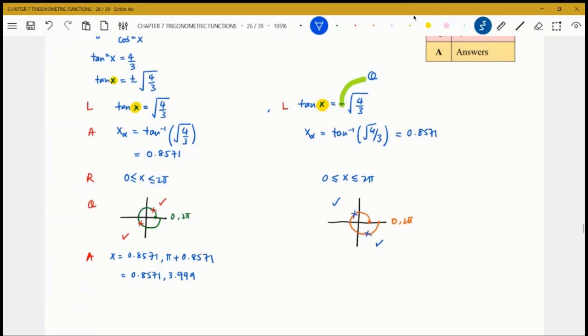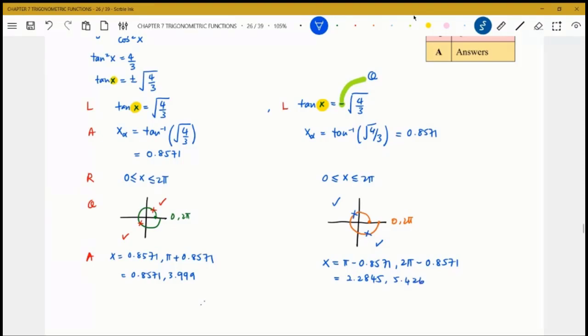Okay, so answer kita adalah x equal to pi minus 0.8571 and then 2 pi minus 0.8571. Okay, so angle yang pertama kita akan dapat 2.2845 and then second angle dia adalah 5.426.